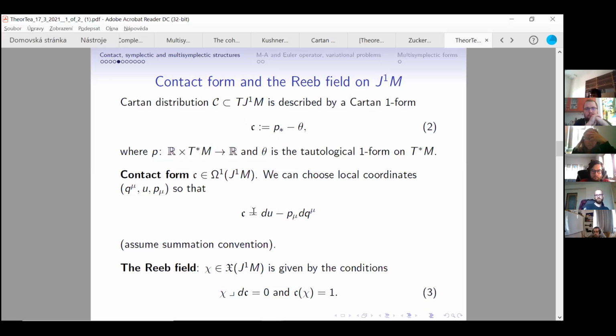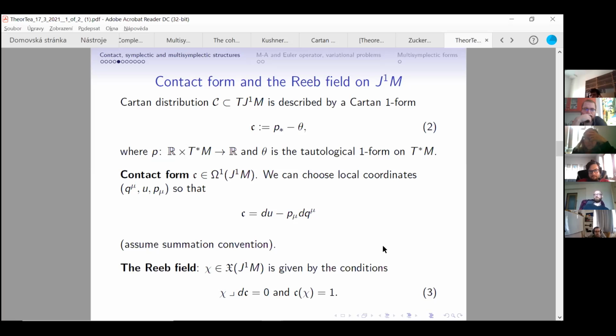Yeah. And this is the local expression of this form. Of course, we always assume the summation convention when we see repeated indices.